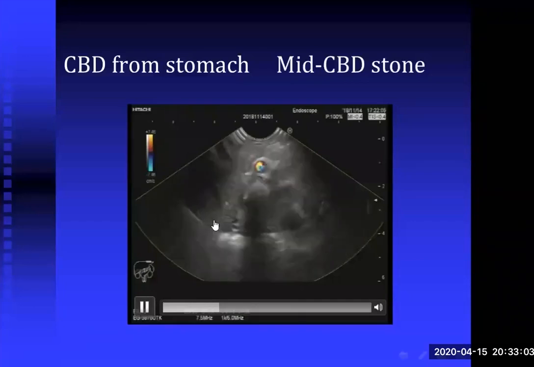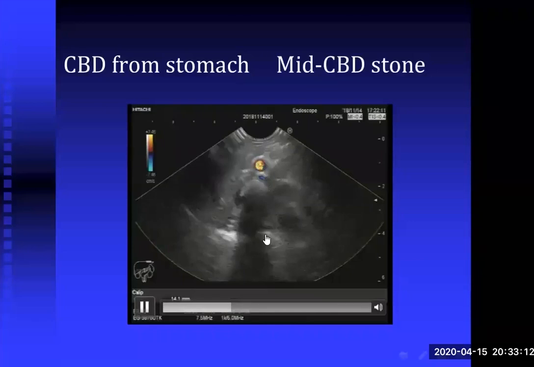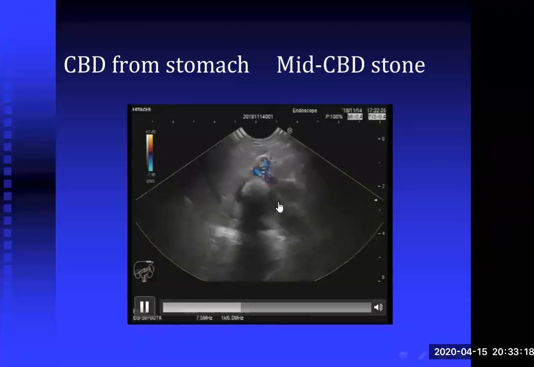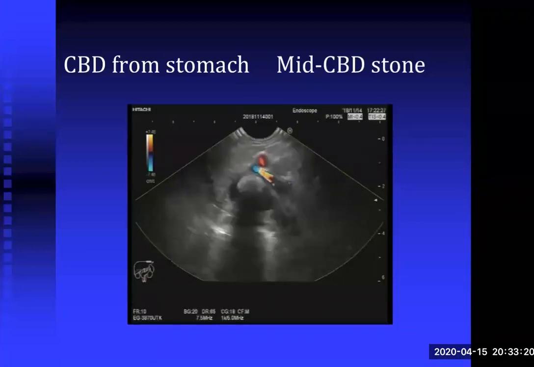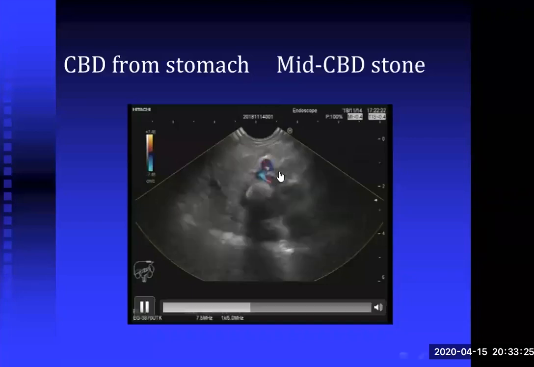Here is the distal third of the common bile duct. Very nicely seen, an echogenic whitish structure with dense posterior shadowing. So this is a large stone inside the mid common bile duct, and of course it is the cause of common bile duct dilatation. It is a moving stone in the common bile duct, down and forth, with bile duct dilatation.